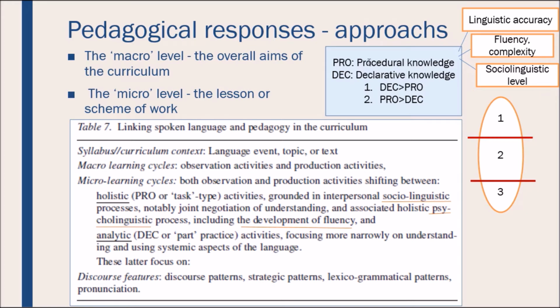Therefore, the main aim of developing procedural knowledge of your language learners would be to prepare them for actual real-life communications rather than to just recognize the accuracy or complexity of utterances or grammatical structures without being able to produce them. This latter is declarative knowledge.